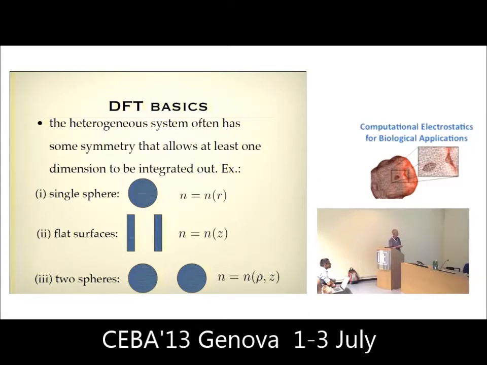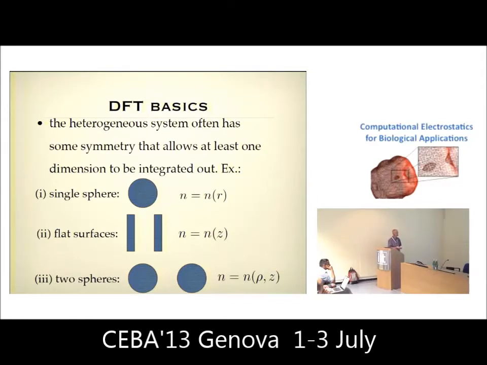I will come back to that. So a few cases that you easily study are distributions or adsorption around some single sphere, in which case you can integrate out 2 dimensions, leaving you with a density function that only depends on the density in one direction. So it's like a one-dimensional problem then.